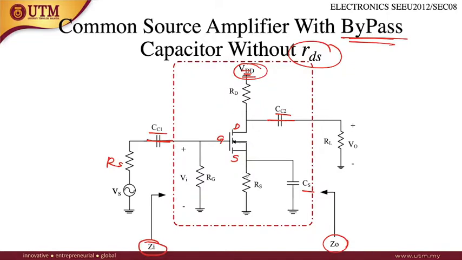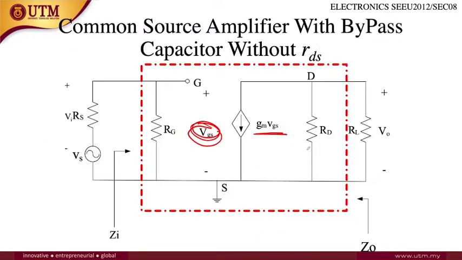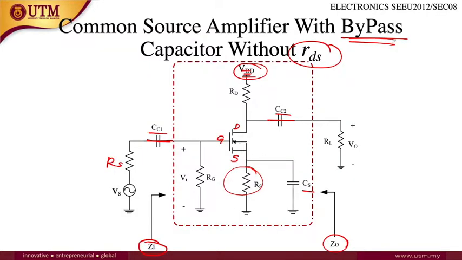And then RS: if you realize, there is no RS in this AC equivalent circuit. Why? Because there is a bypass capacitor parallel connected with this resistance.